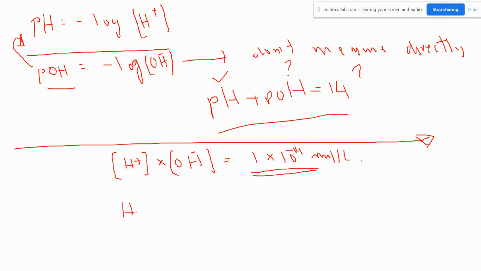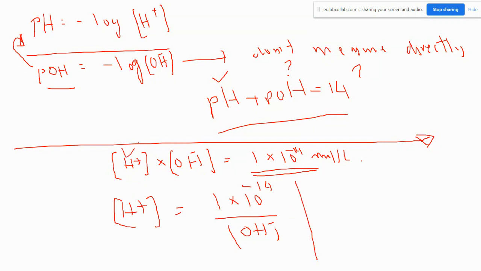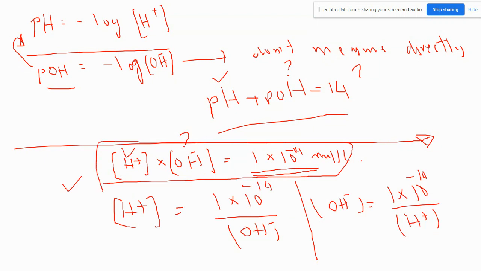If you don't know H positive but you know OH negative, it's very easy: 1 into 10 to the power minus 14 divided by OH negative. Or if you know H positive and don't know OH negative, you can use the same formula: 1 into 10 to the power minus 14 divided by H positive. This is the main formula, and from it we can find these.